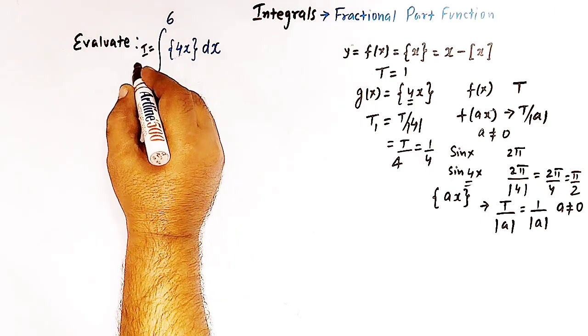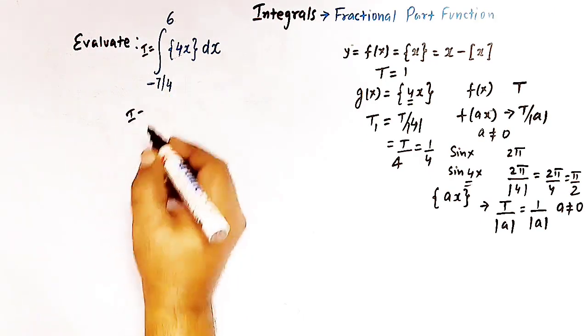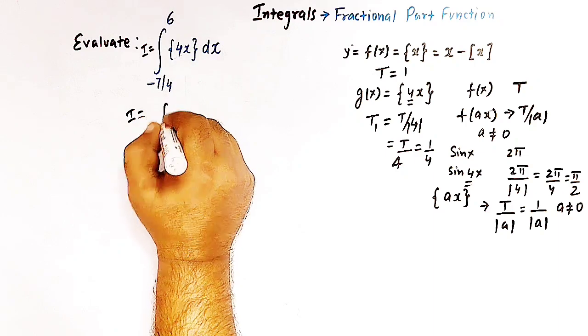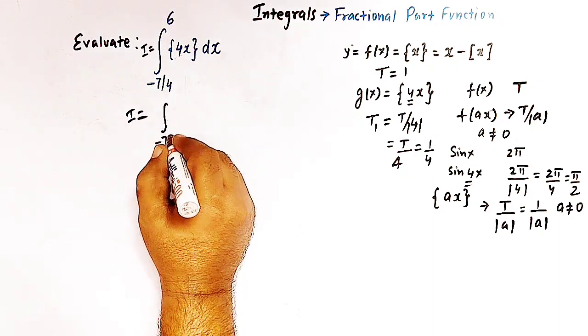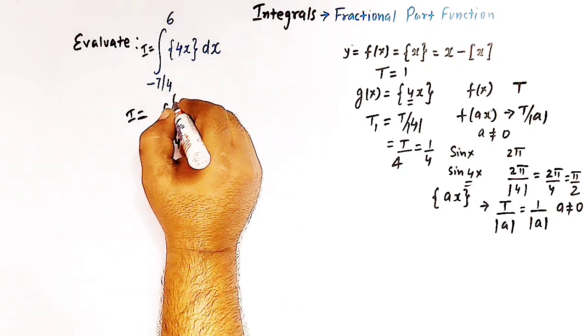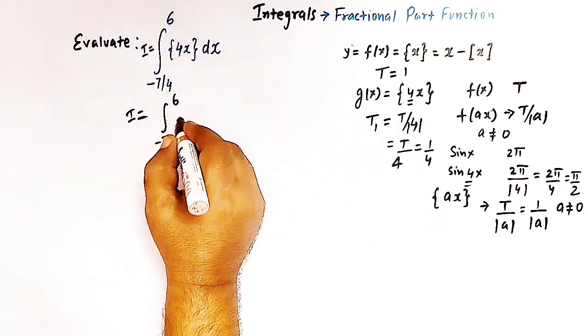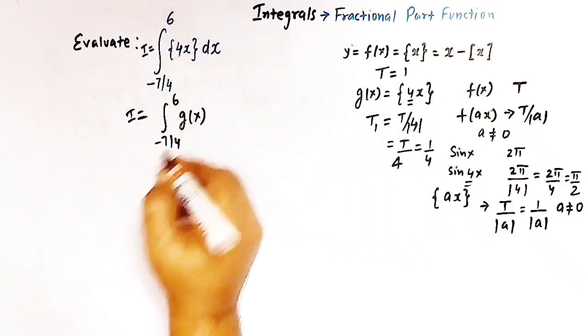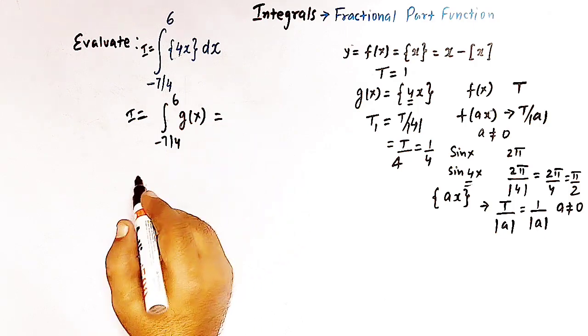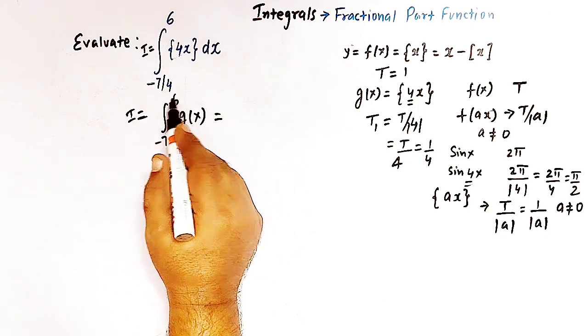So now let us write this integral I as the integral from minus 7 over 4 to 6, and the fractional part of 4x can be written as g of x, right? Now let us rewrite the limits.